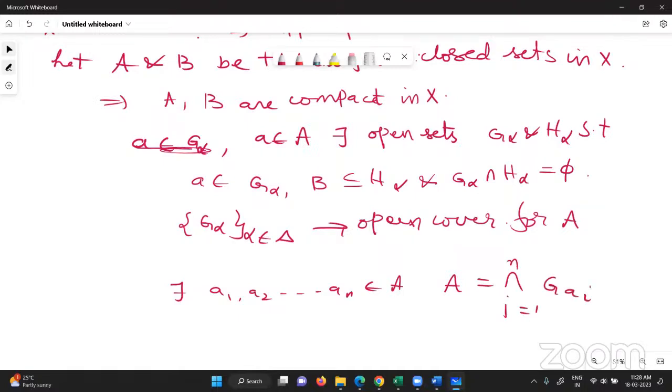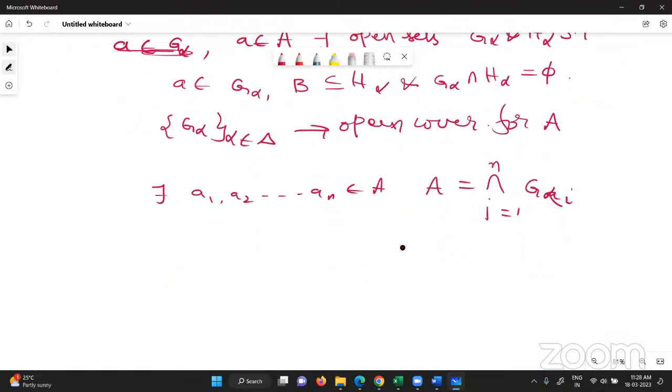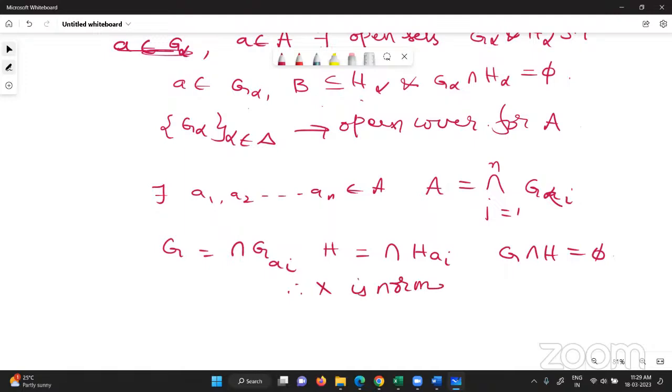So take G as the union of the G alpha i, and H as the intersection of the H alpha i, so that G intersection H is empty. So you are done. You have A contained in G, B contained in H, and G intersection H is empty. Therefore, X is normal. So every compact Hausdorff space is normal.